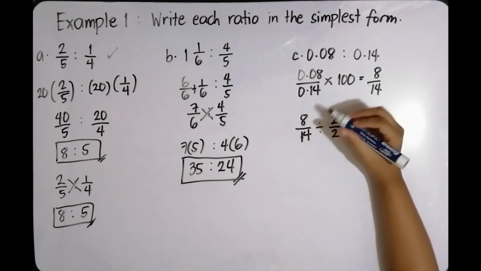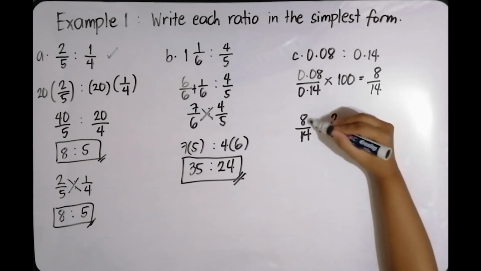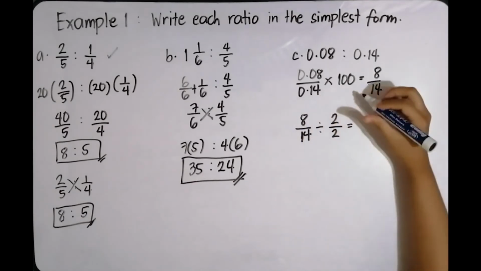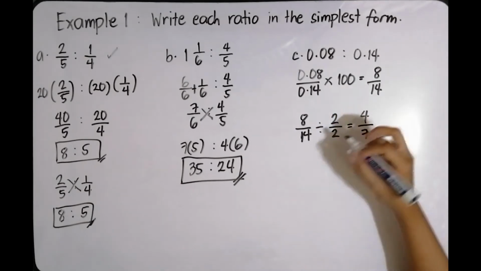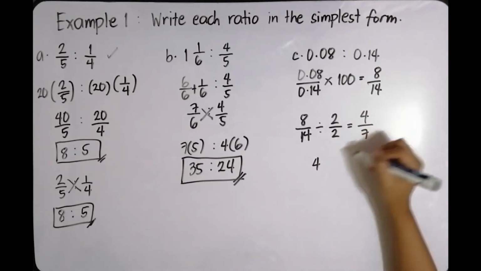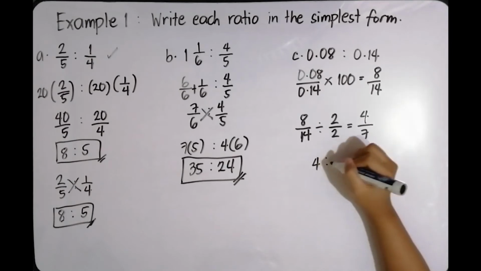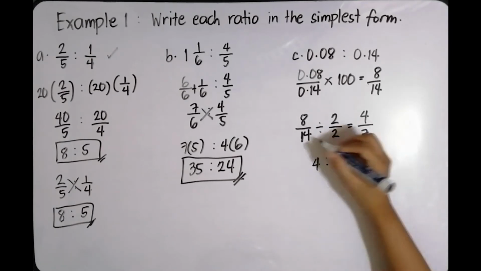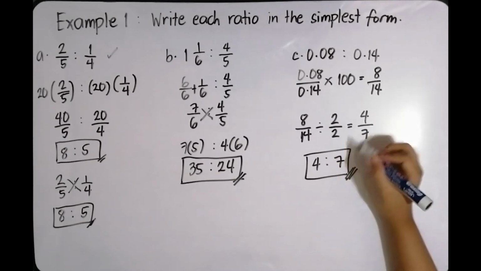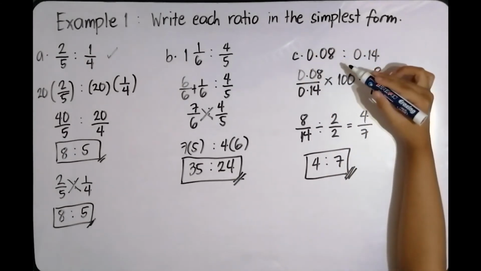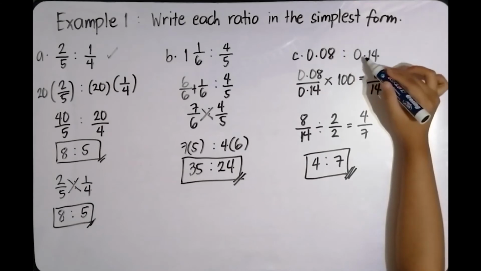Of course, we're just simplifying or reducing this ratio. So 8 divided by 2 equals 4, and 14 divided by 2 equals 7. So our ratio is 4 is to 7. This is our simplest form for 0.08 is to 0.14.